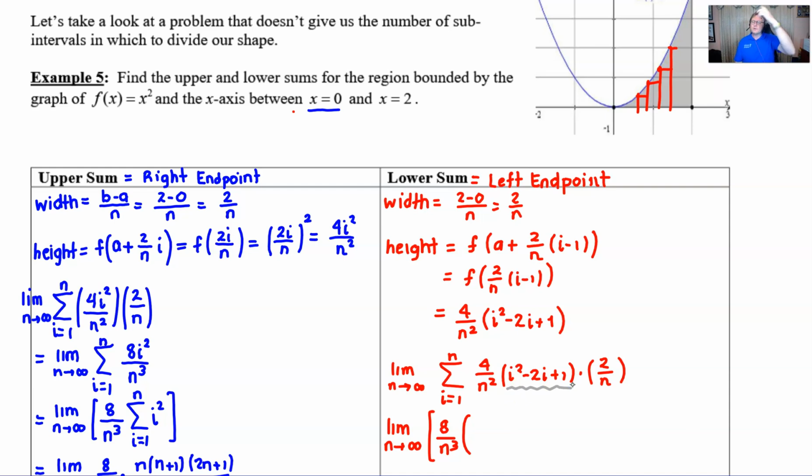But I think what I'm going to do is take note that as I write this expression, I know that there are formulas for each of these terms. The I squared, the minus 2i, and even the plus 1 have formulas that you can use to rewrite those.